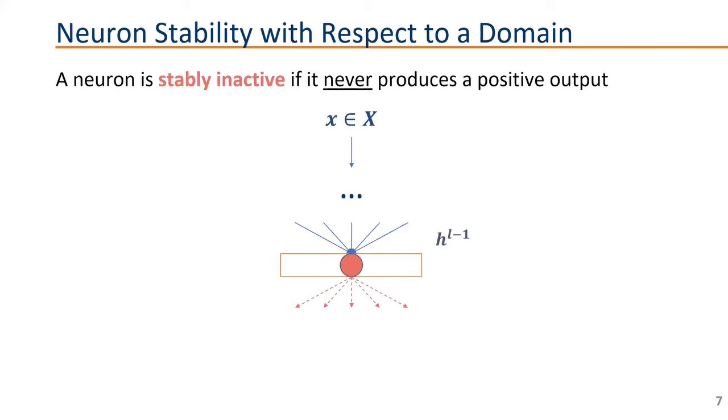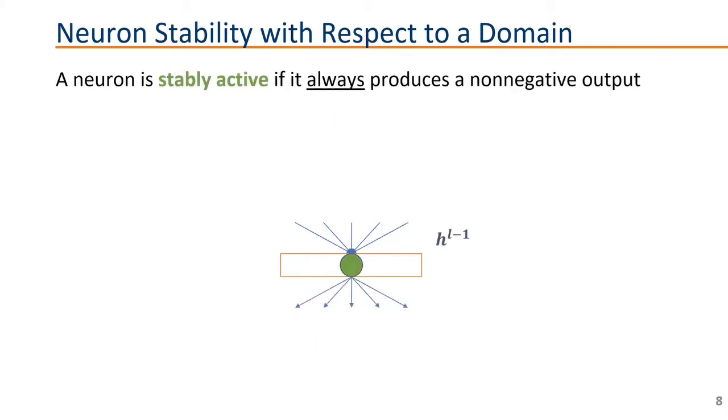So no matter what input X from that set capital X you send through the neural network, when that hits the neuron, whatever transformations happen along the way, we're always going to get a pre-activation output, which is that affine transformation before the max of 0, and it should be smaller than or equal to 0. So the output is always going to be 0. So when that happens, we say that the neuron is stably inactive. We're never going to see a positive outcome from it, at least for a valid input.